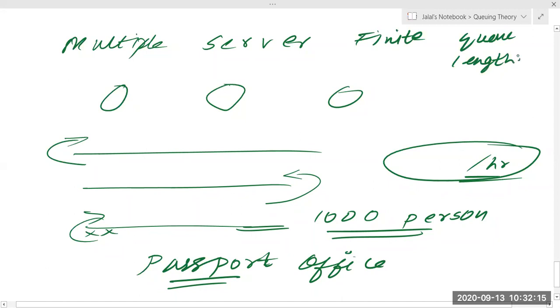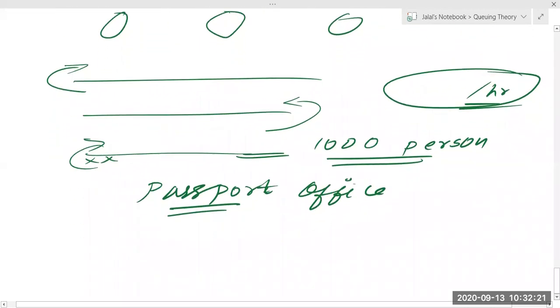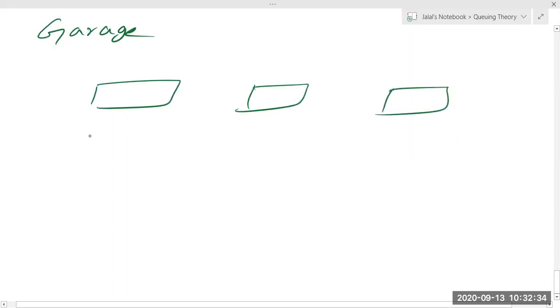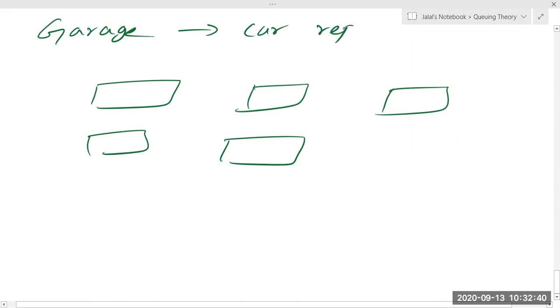Okay. Now I am going to tell you something more, which is very important for you to understand. Just try to understand. Suppose there is a garage, and in the garage, cars will be getting repaired, okay.